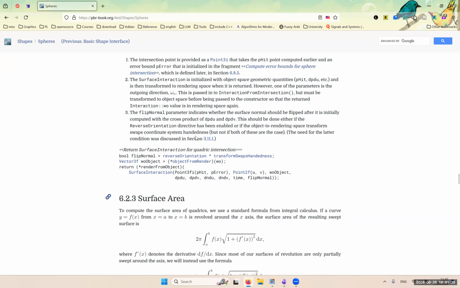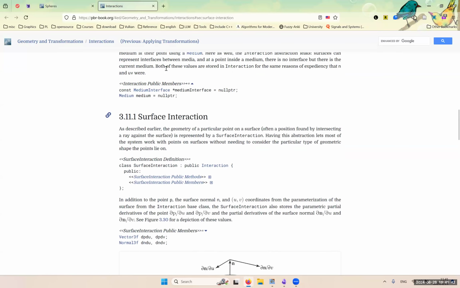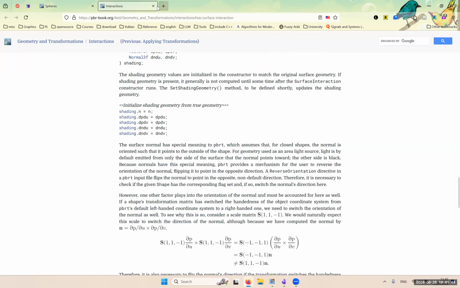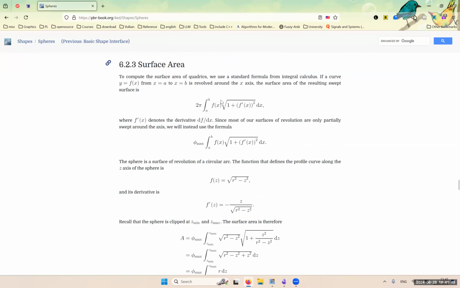That was discussed earlier, but I don't remember that. And the surface area, I guess, because we need to deal with a partial sphere, it becomes much more complicated than the whole sphere.